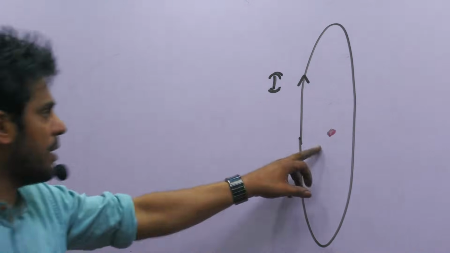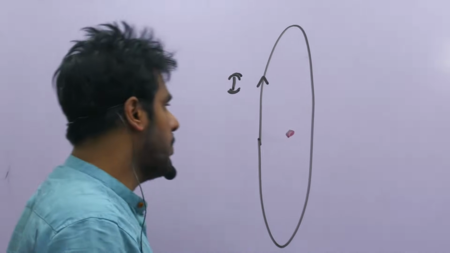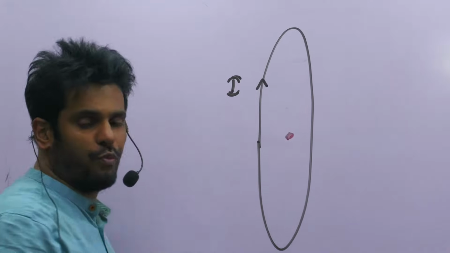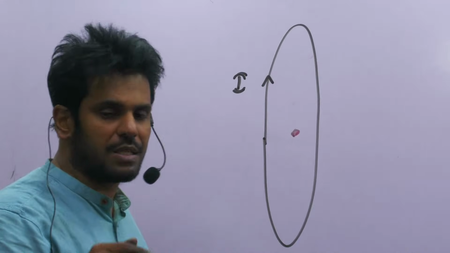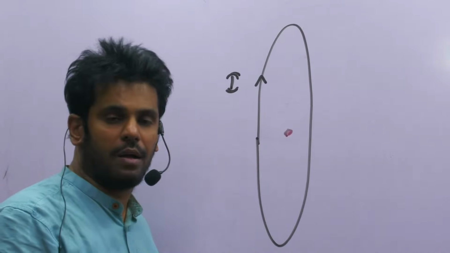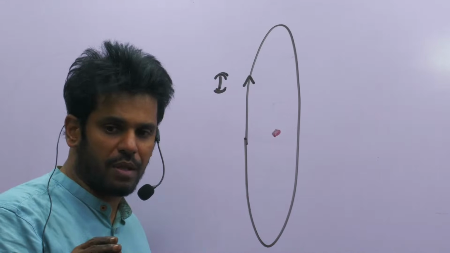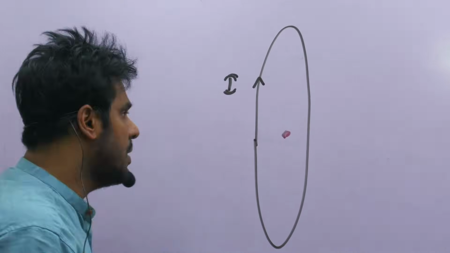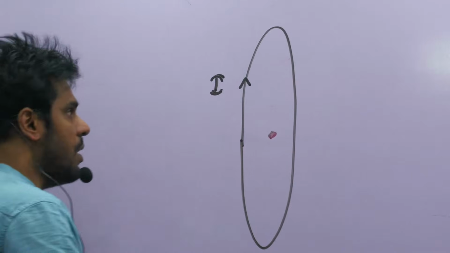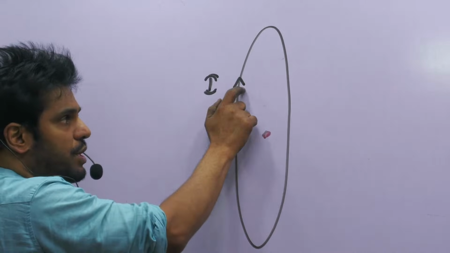Now this is the ring. Always, when the current is given by an arrow mark, the direction of magnetic field is given by a dot. But here, listen to me. This is the direction of current.